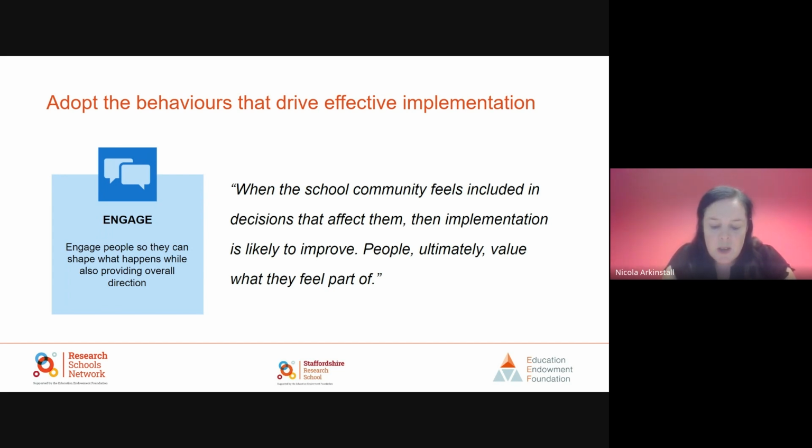And also corralling those efforts. So, motivating people's efforts, preventing implementation being dragged off track. So how do we keep that implementation on track, so that those developments you want to make in your subject are taking root?